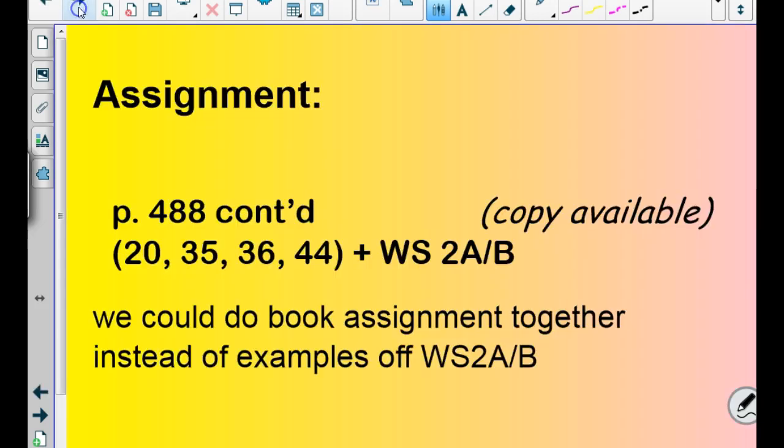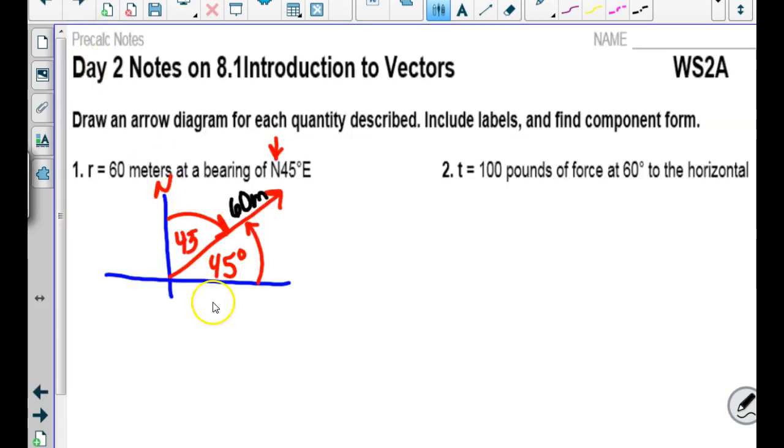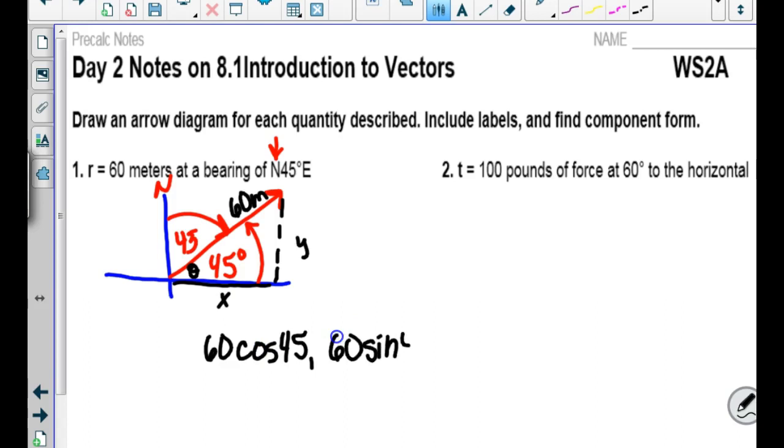And again, that comes from, just so we're clear, if we draw this little triangle, this would be opposite. So that's using sine to find the y. And this would be adjacent to this angle in here. So that would be using cosine to find x. But to make life faster, rather than writing it all out, we just do 60, which is the length, times the cosine of 45, and then 60 times the sine of 45.